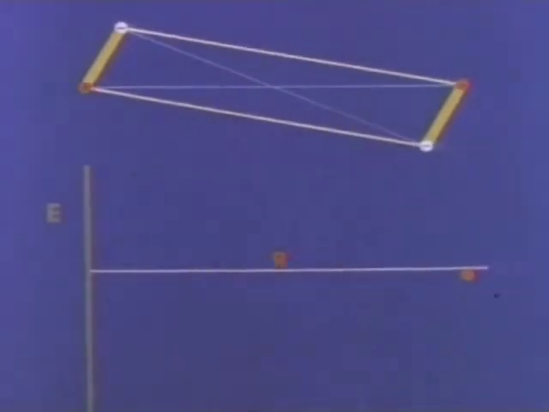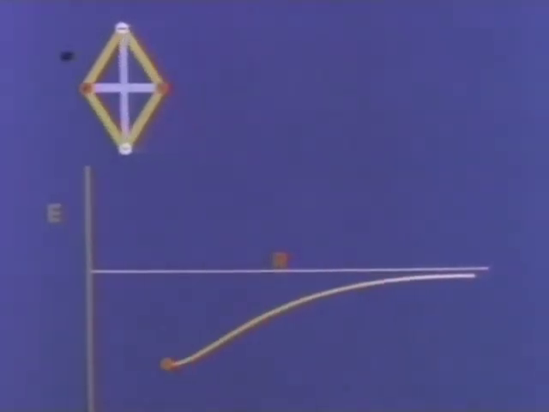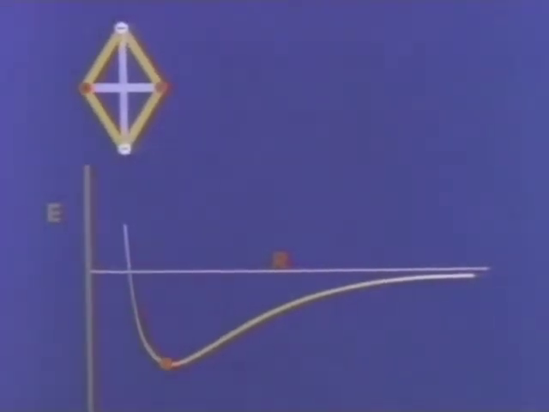As the atoms approach, their potential energy becomes lower, like that of a ball rolling down a hill. At the equilibrium bond distance, the potential energy is lowest. If the atoms are forced into shorter distances, repulsion dominates and the energy rises rapidly. The atoms separate again and seek the position at which the energy is lowest.